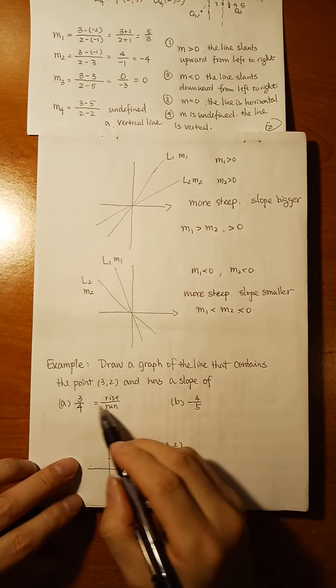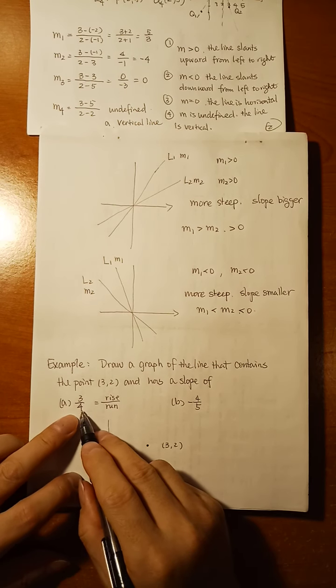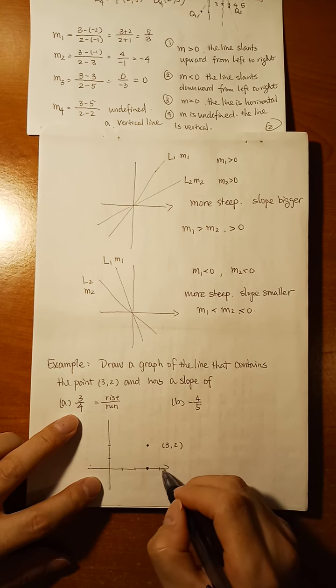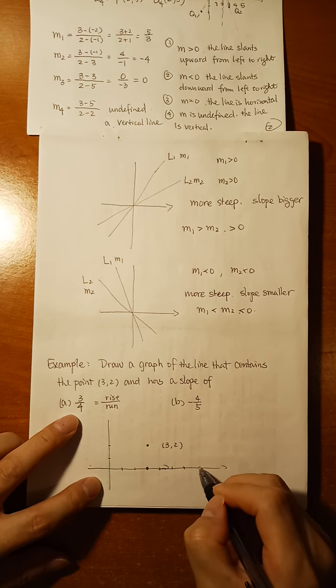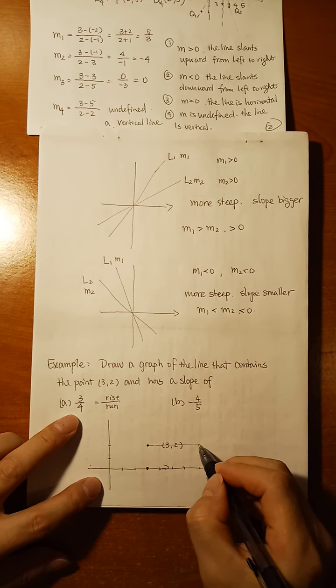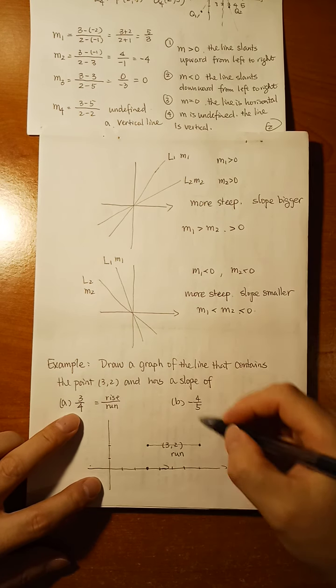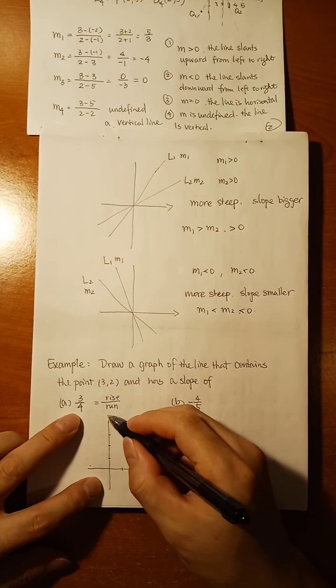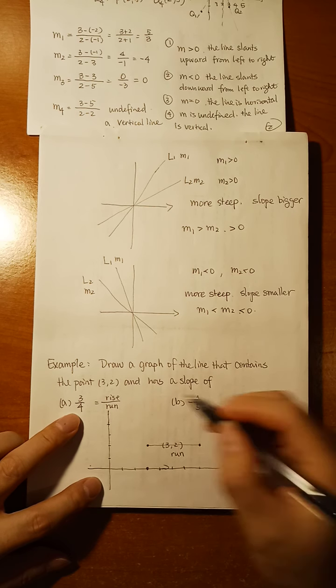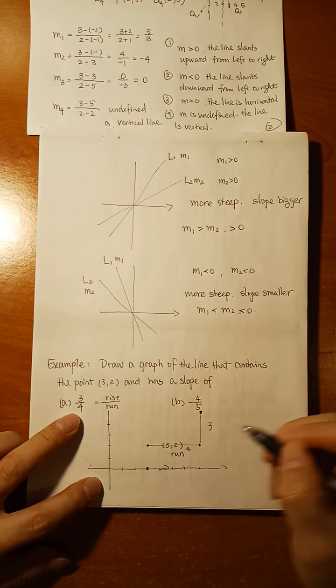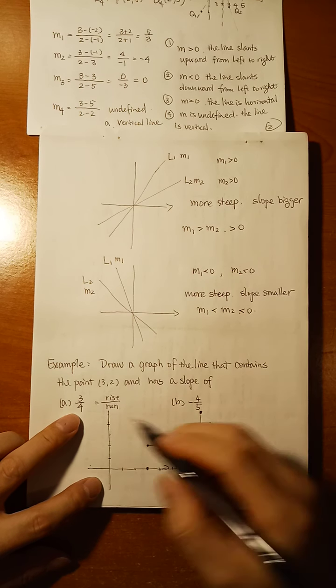What is a run? Positive run means you have to go right 4 units: 1, 2, 3, 4. Then up 3 units. The rise is 3 units: 1, 2, 3. So the rise over run is 3/4.